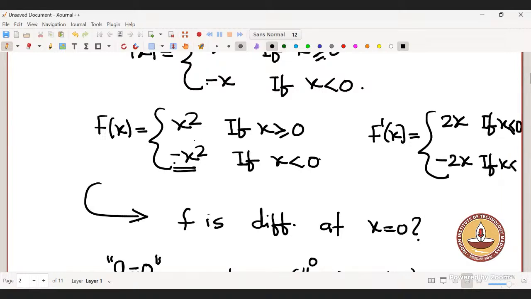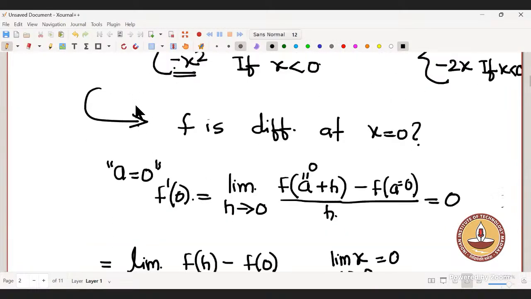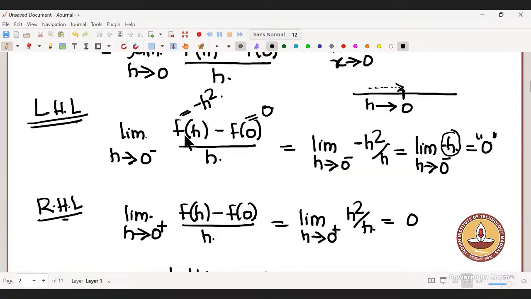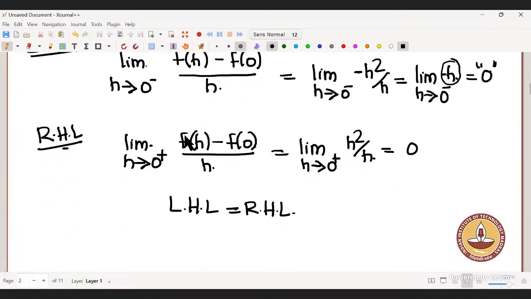If x is greater than or equal to 0, it is 2x. So this is your derivative. Clear, right?